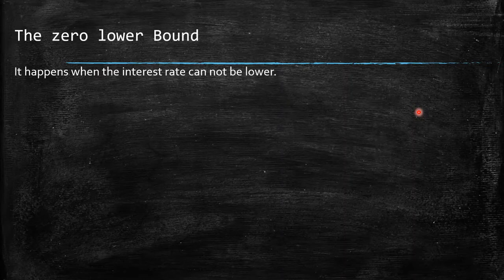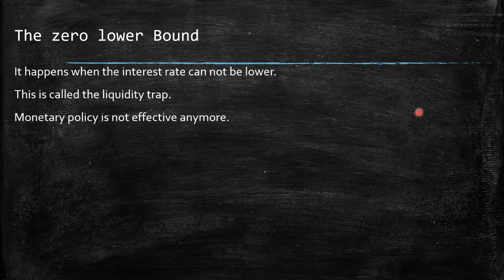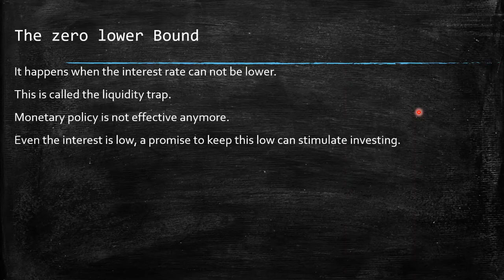Then when monetary policy in this way is no longer effective, we are facing the zero lower bound. In academic theory, this is also called the liquidity trap, when it is not effective anymore. So even if the interest rate is low, there is a problem.